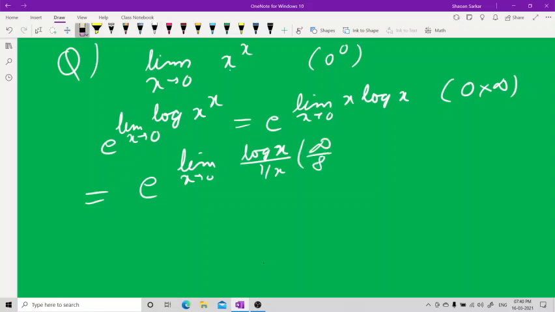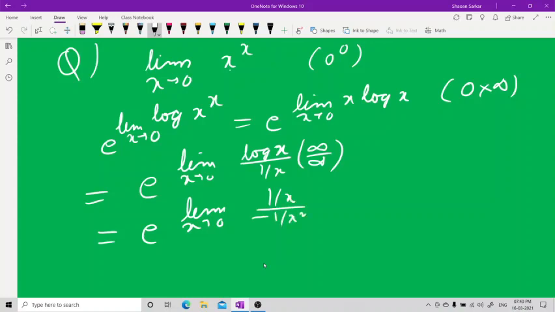Now use L'Hospital's rule. e to the power of limit x tending to 0 of (1 upon x) upon (minus 1 upon x square). This is equal to e to the power of limit x tending to 0, take the minus out, x square upon x, cancel this x, take the limit, this becomes e to the power of 0, and the answer is 1.